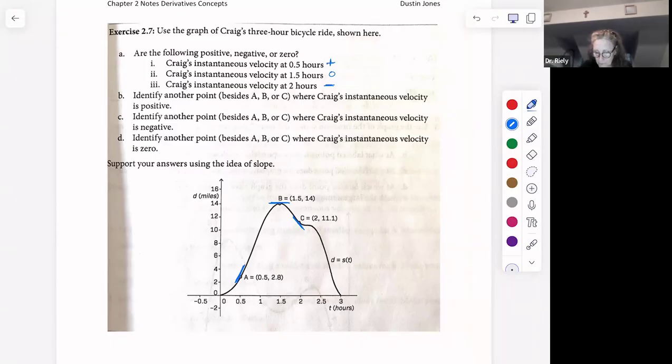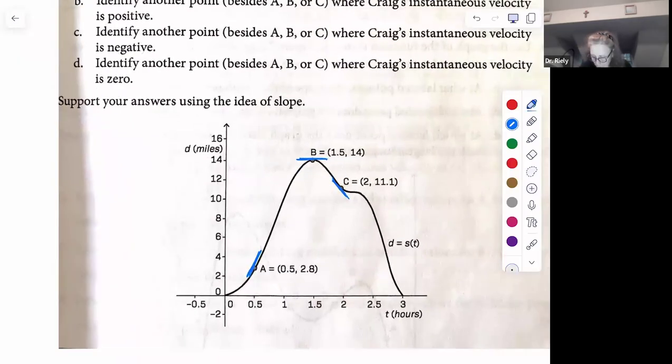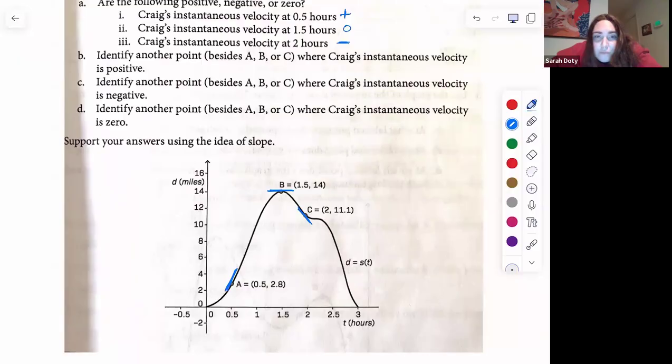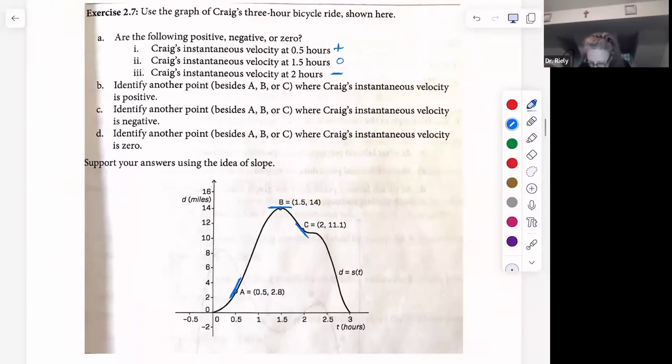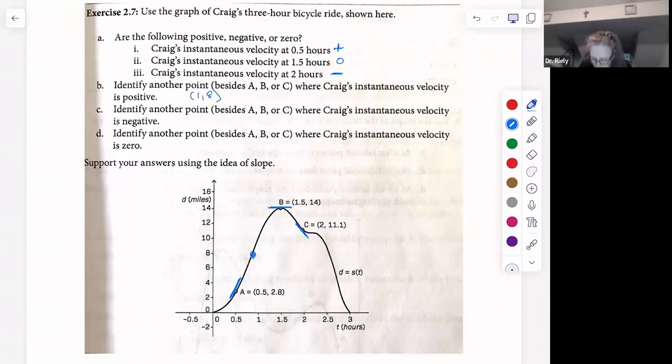Okay, so pick another point besides A, B, or C, where Craig's instantaneous velocity is positive. So what number would you like? 1. Me too. So I think 1 looks like it's going to go about 8. So I would say the point coordinate pair is 1, 8. And I agree. Positive there as well.